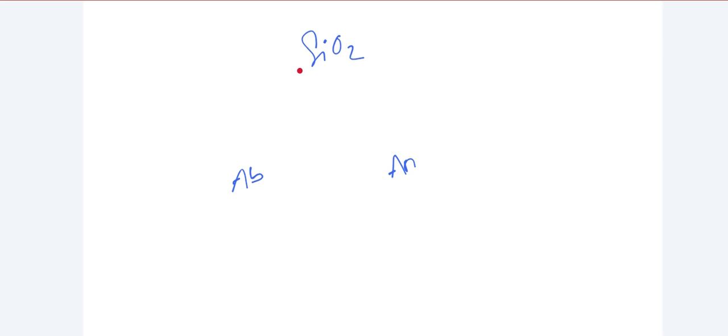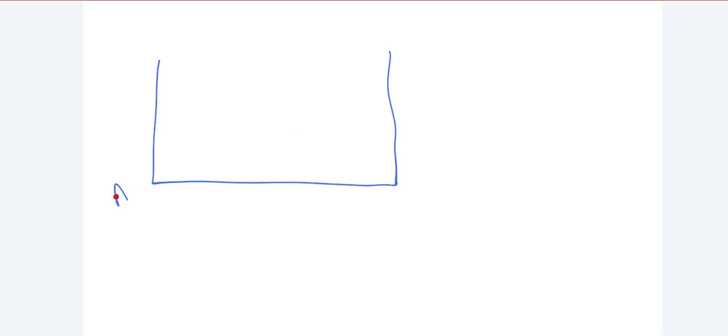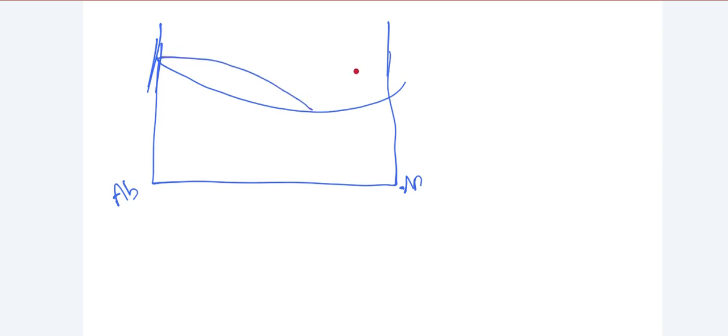I just introduced it, and let me introduce this system again and tell you the basic things for albite and anorthite only. The albite and anorthite system is a limited solid solution. Where what happens? It stays like this.